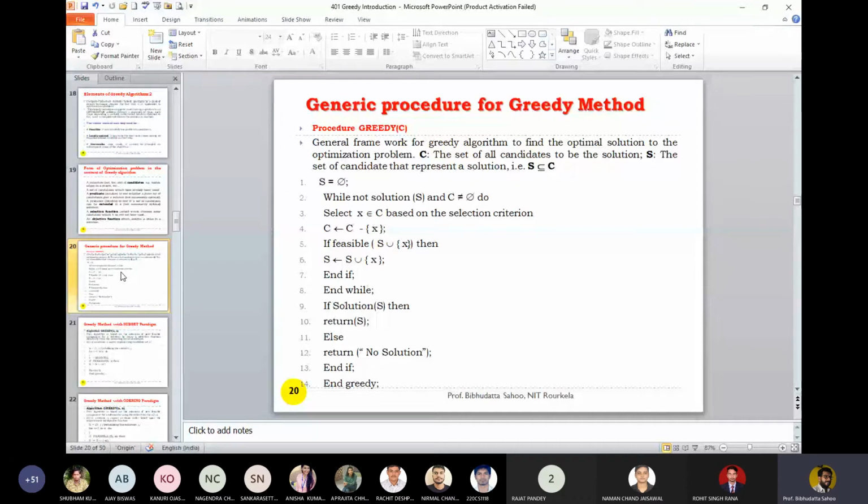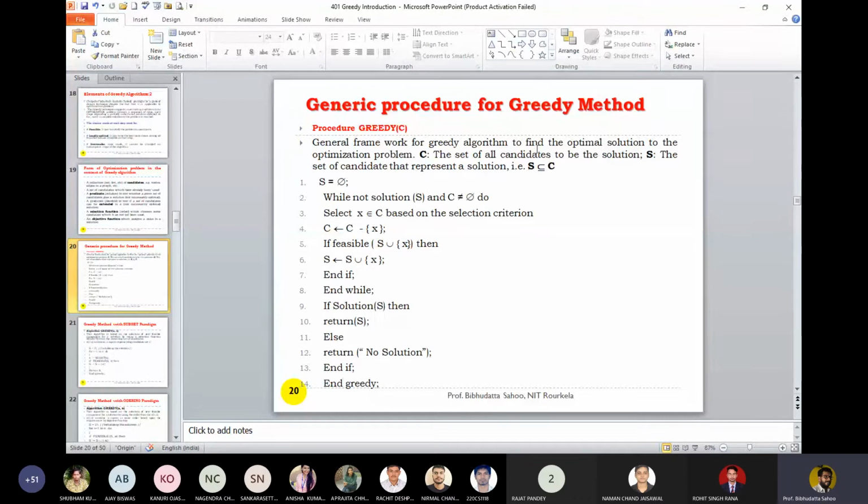One is your subset sum paradigm, another is your ordering paradigm. So these 3 slides I'll discuss. The first slide is the generic framework, the second slide is the subset sum, and the third one is the ordering. Very simple difference. You look into this.